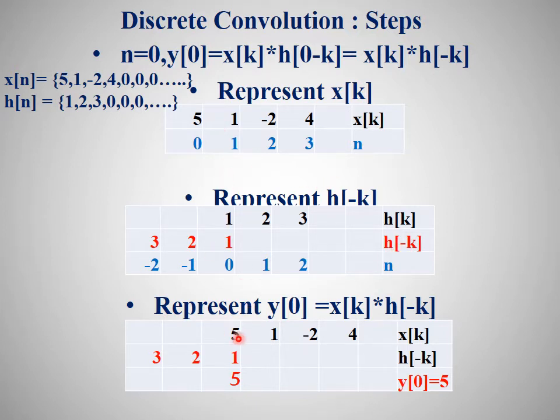So, we have 5, 1, minus 2 and 4, and on the other side we have 1, 2 and 3. So, the answer would be multiply and add, which means 5 into 1, and if you have other values at these points, we need to add them. Since we don't have the values, the answer is just multiply, and the solution is obtained. The addition is not required in this case, so y of 0 is going to be equal to 5.